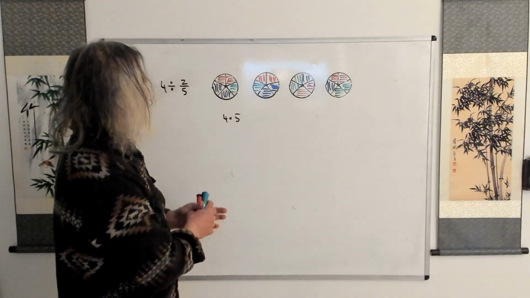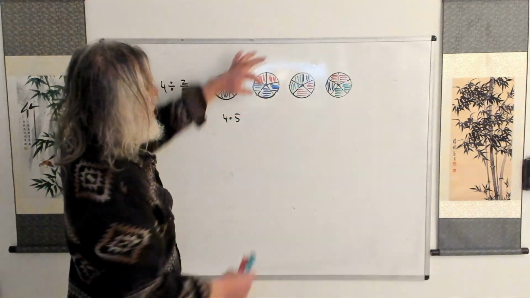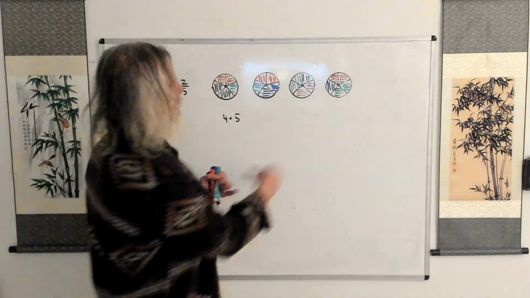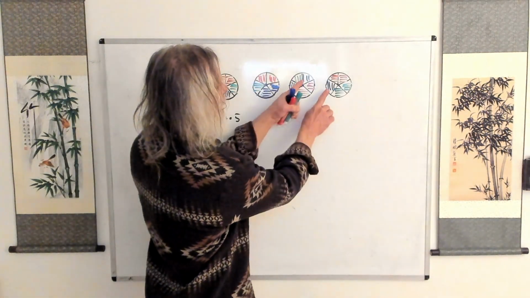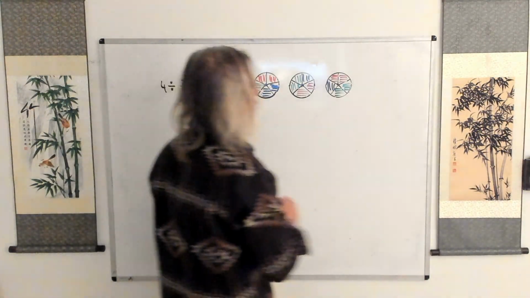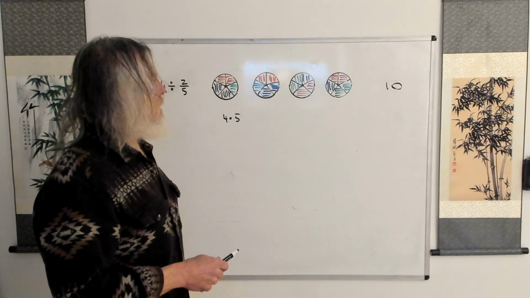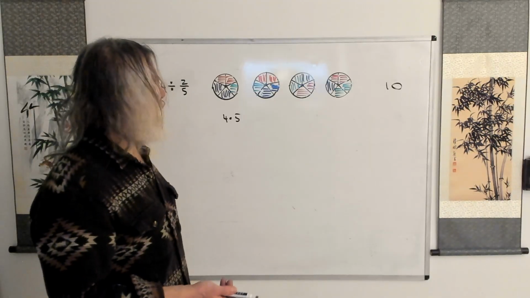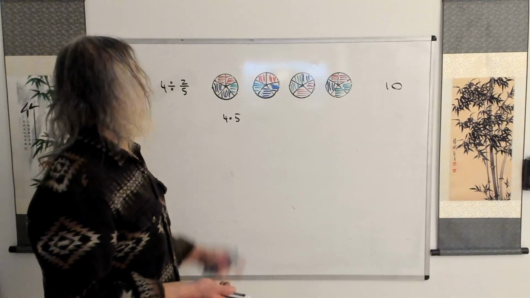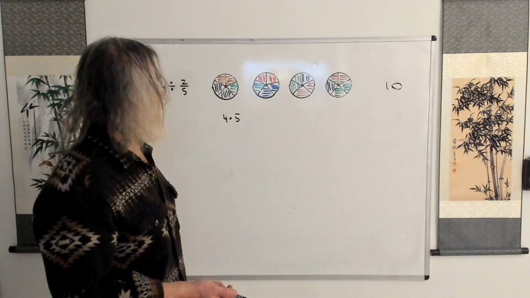So we got 1, 2, 3, 4, 5, 6, 7, 8, 9, 10. 4 divided by 2 fifths is 10. There are 10 people or boxes with 2 fifths of a pie in them.